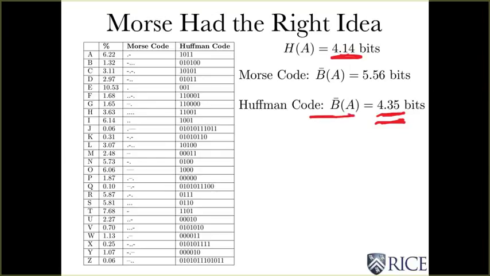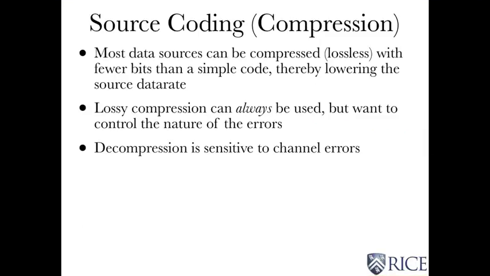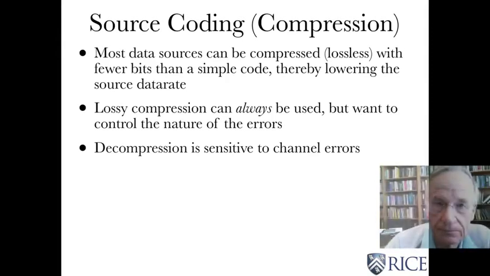The sequence of zeros and ones may be different, but the smallest you can do is 4.35. You can't reach the entropy limit, but you're only 0.2 bits away from it. This is significantly less. More than a bit is saved per each letter on average if you use the Huffman code. So that's the idea of source coding, what's called compression.